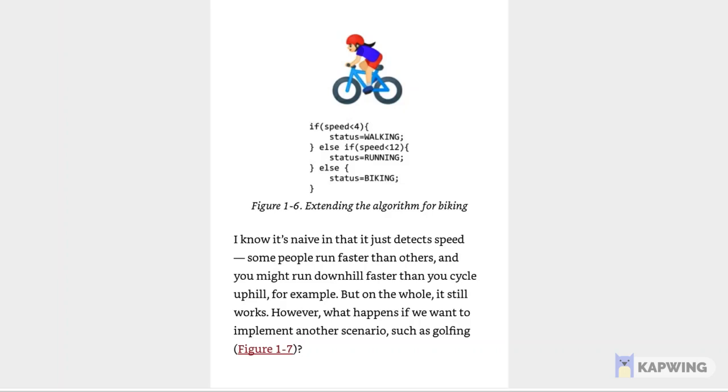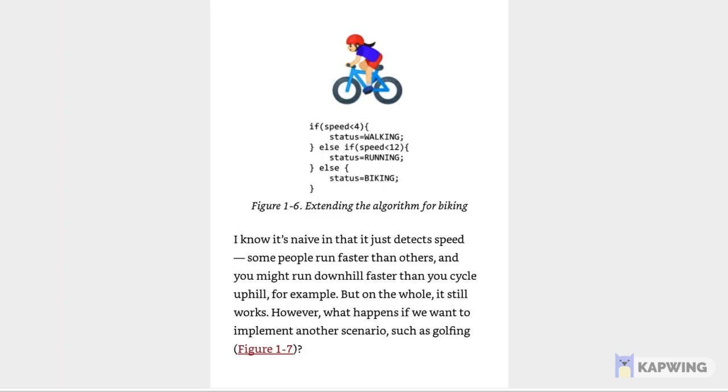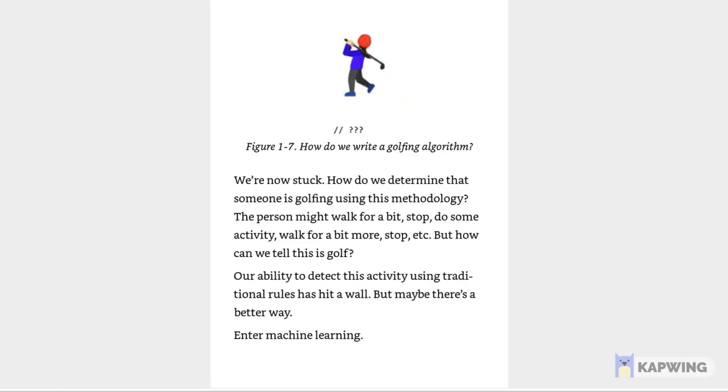But if we now think of a scenario where she might be golfing, then we might have some problem here. If she's golfing, how can we incorporate the code for golfing into this algorithm in figure 1-6? I think it's not really possible, so let's read ahead.